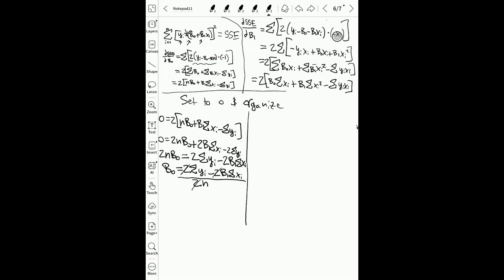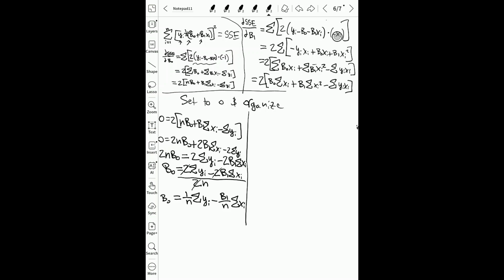So we can see that now we've got that beta naught is equal to sum of yi minus beta 1 sum of xi all over n. I'm just going to do one final step of cleanup here because it'll be useful to have those n's in the numerator later. So this doesn't change anything. I'm just going to write that denominator into the numerator by distributing it as a 1 over n. So over here we've got beta 1 over n sum of xi.